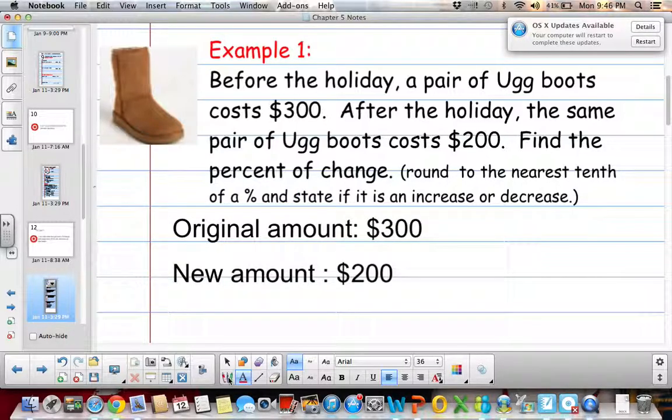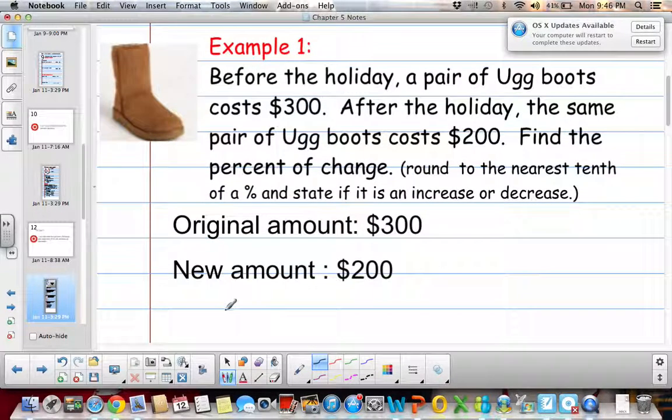Okay? So what we are going to do is we need to take the difference of the two. It doesn't matter which order you go in. So 300 minus 200.